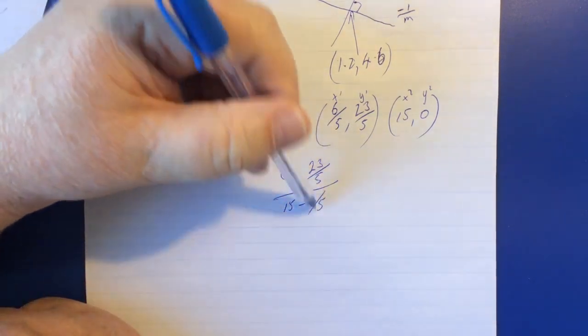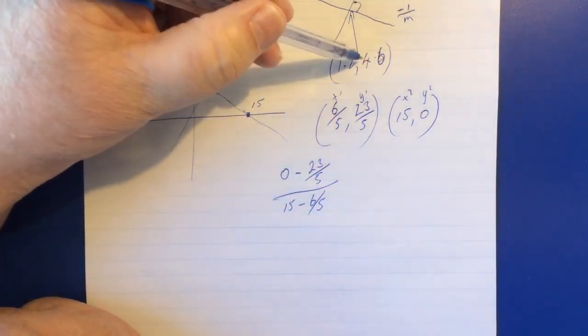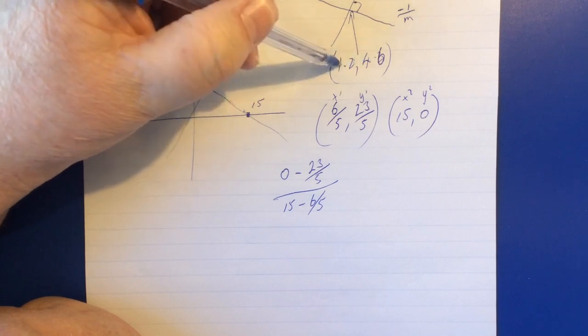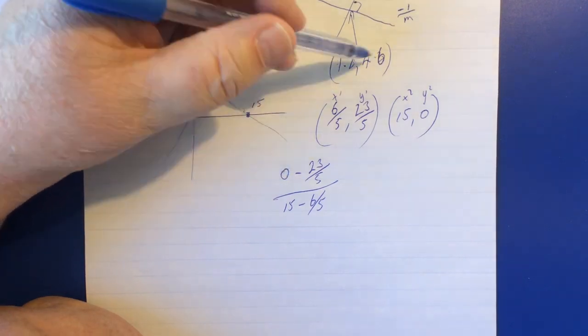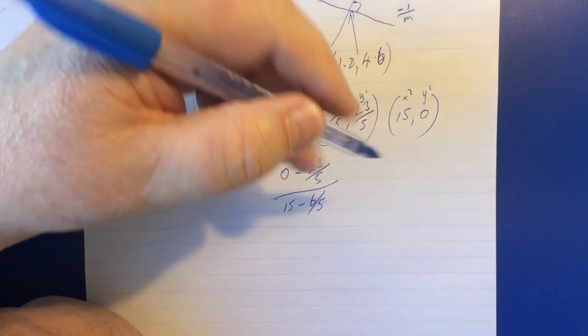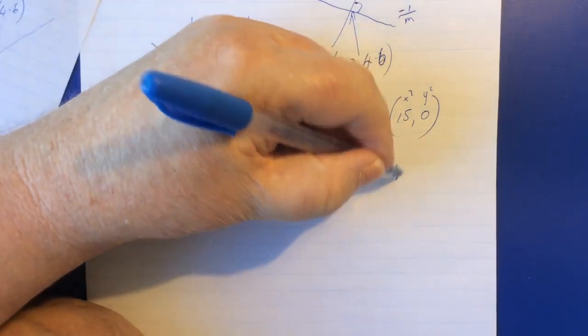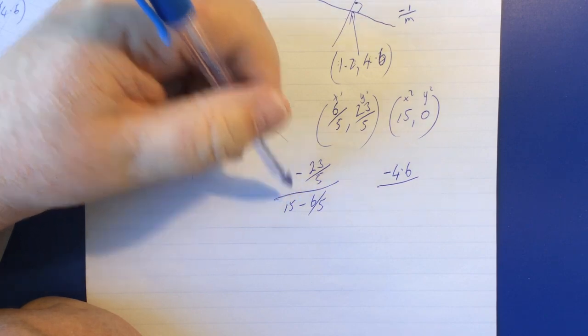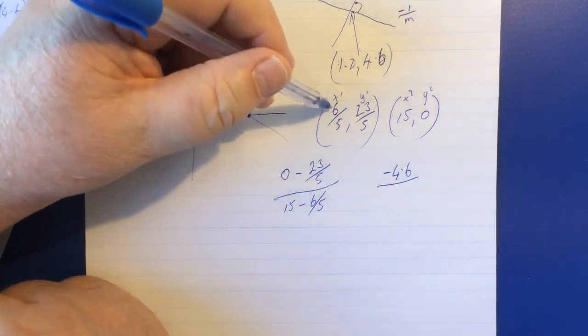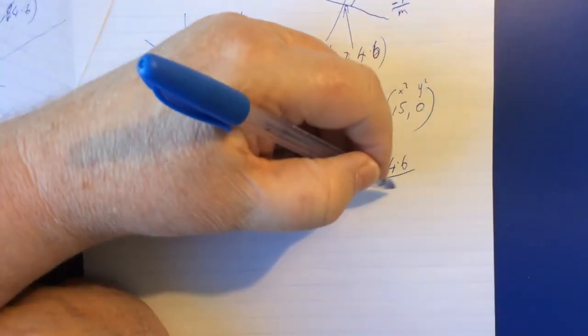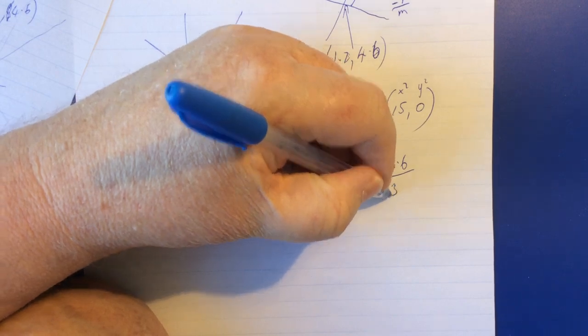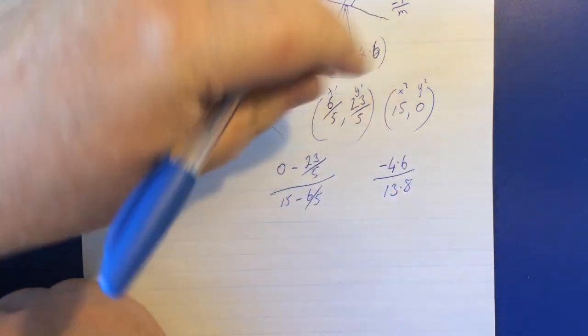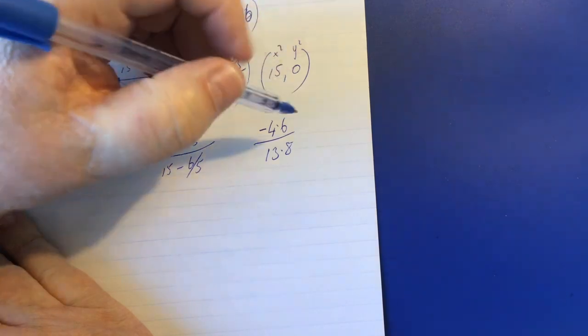Now, it is actually easier to refer to these decimals. So 0 minus 4.6 is going to be negative 4.6. And 15 minus 1.2 is going to be 13.8. Oh, I really don't think these things through, do I?